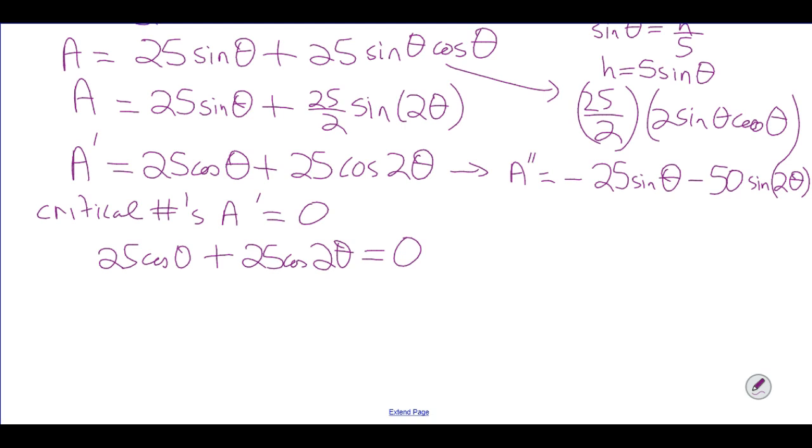Which will then give us a quadratic in cosine theta.